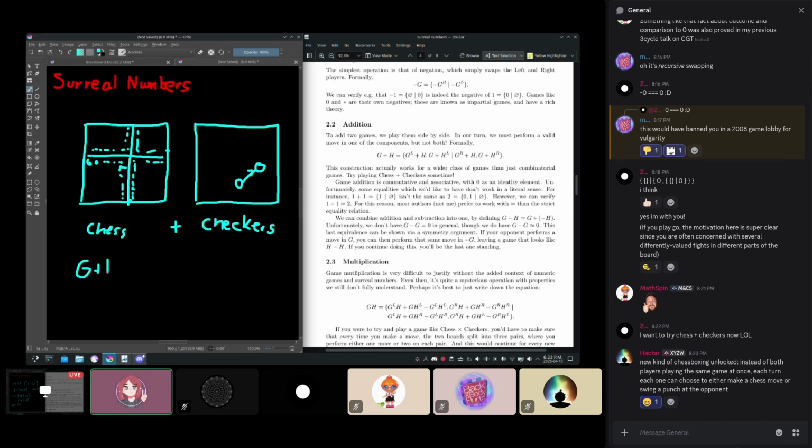Do we have commutativity? G plus H equals H plus G? Yeah, we do. We can prove that through induction, which again I'm not going to do here, but you can. Do you have associativity, which would be G plus H plus K with the parentheses in one way equals G plus H plus K with the parentheses in the other way?